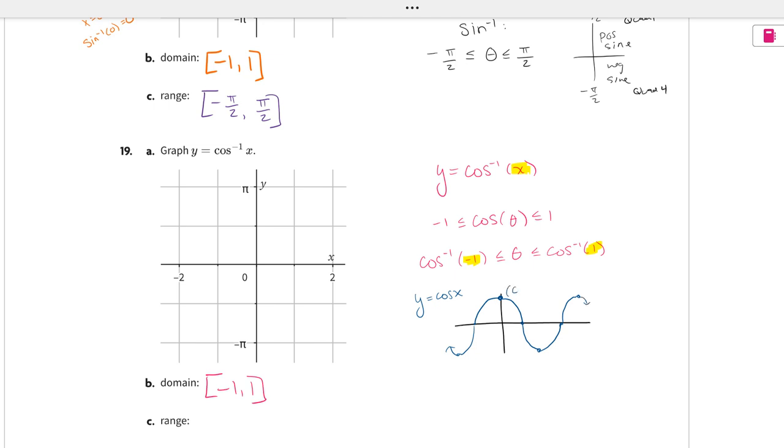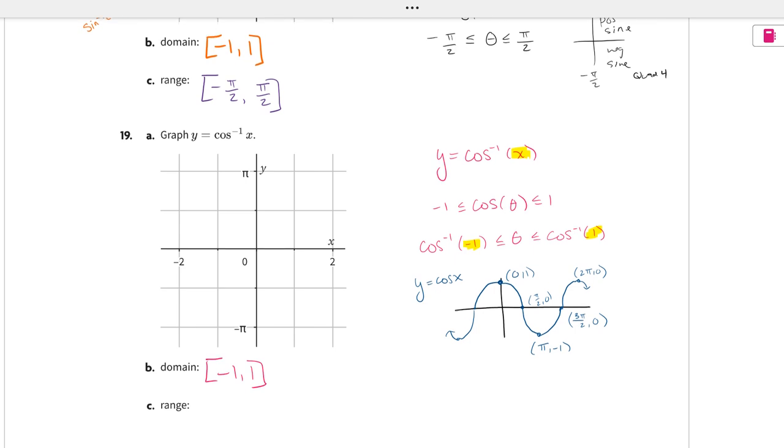Here we have the point 0, 1. Here we have the point pi over 2, 0. Here we're at pi, -1. And here we're at 3 pi over 2, 0. Let me fix my parenthesis there. And here we're at 2 pi, 0. I don't need to label the left side.